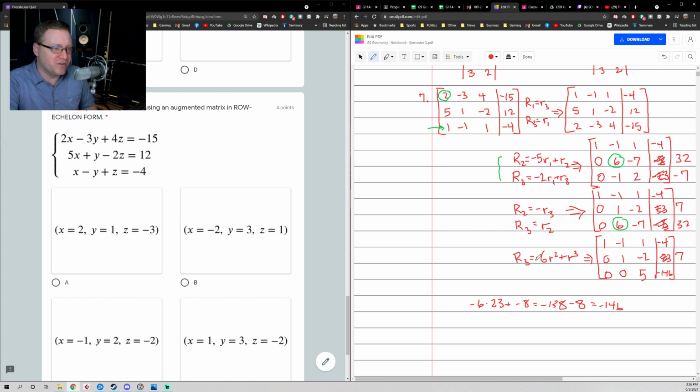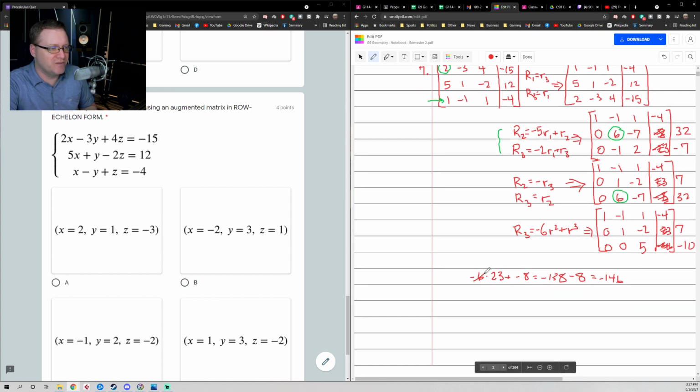And then when you do -6 times row 2, which is 7, -6 times 7 is -42. And then we add 32. -42 plus 32 is -10. So this becomes -10. Gosh, I'm so stupid.